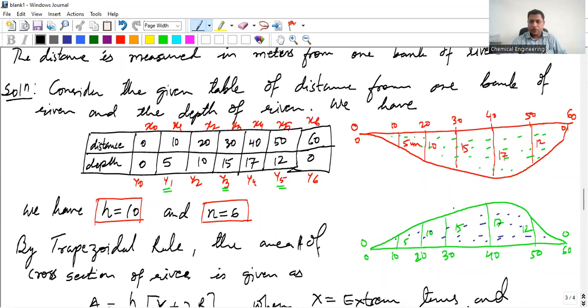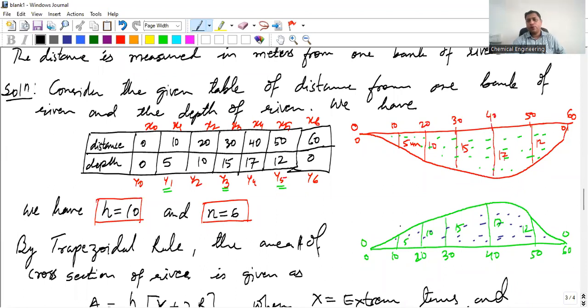If this curve is defined by some function, for example x square, which is integrable, we can integrate x square and find the area under the curve. But in this case, the curve is not exactly defined, and hence we are approximating.